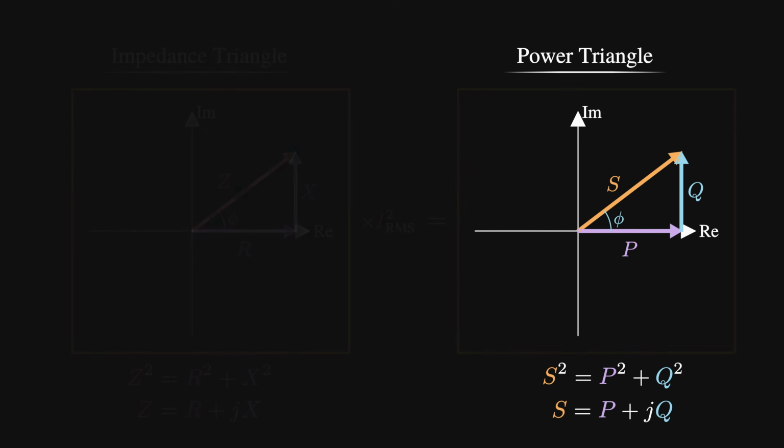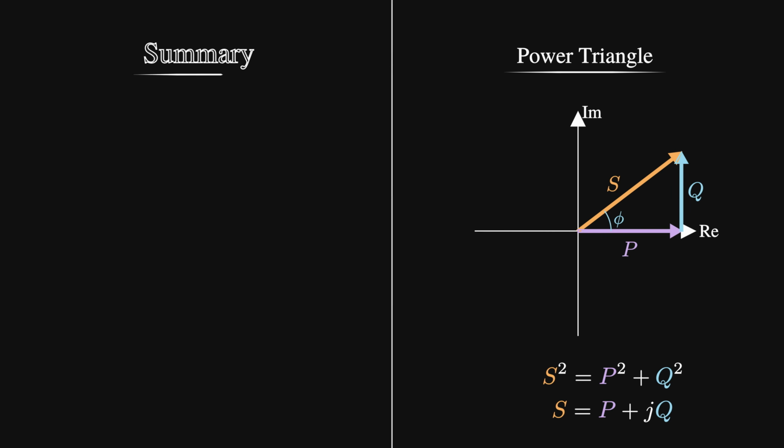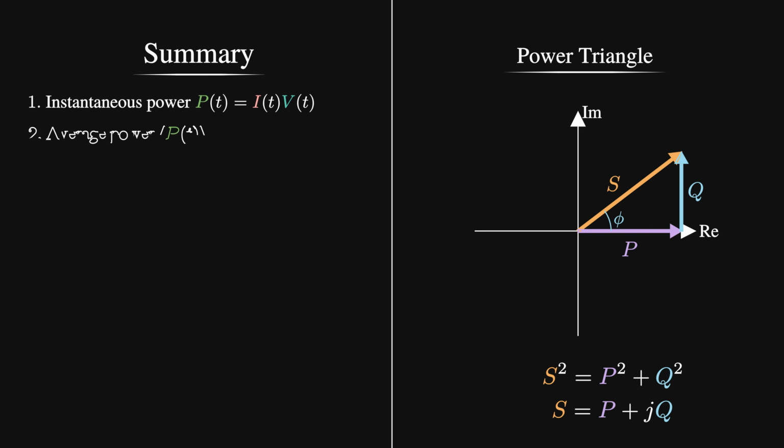So let's now summarize everything we've learned. In any circuit, the instantaneous power is simply the voltage multiplied by the current. In AC circuits, both of these are constantly changing, so the power is also constantly changing. A more useful quantity, therefore, is the average power, which tells us how much energy is actually being consumed.